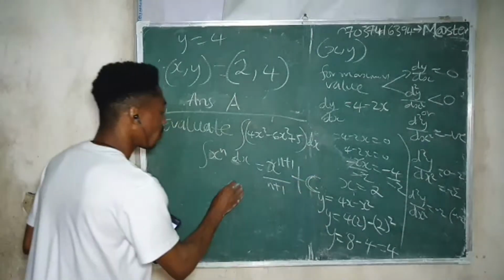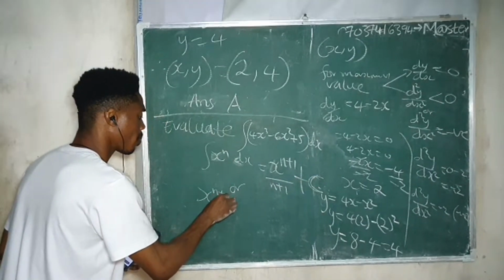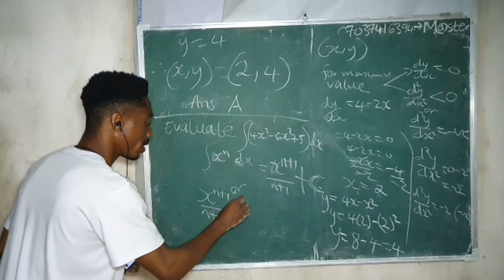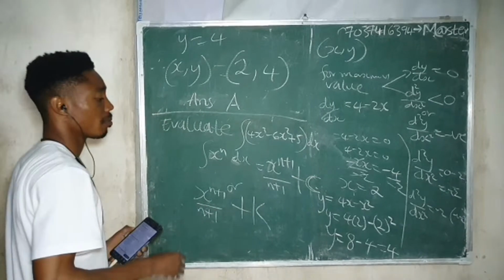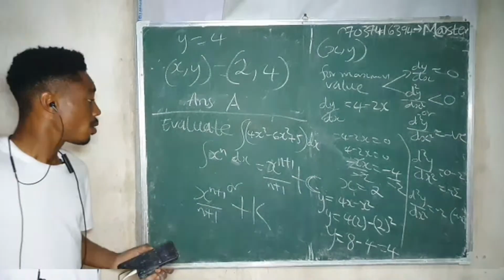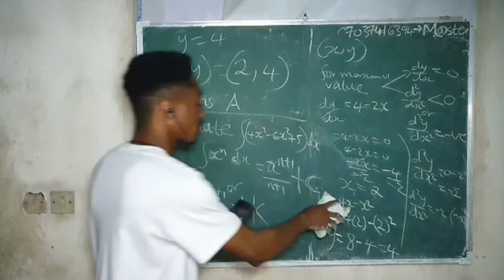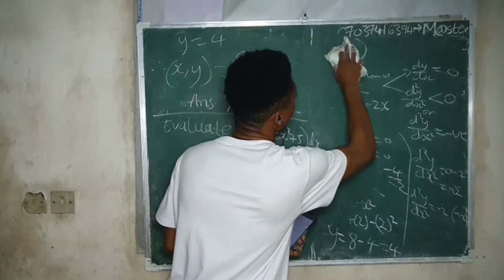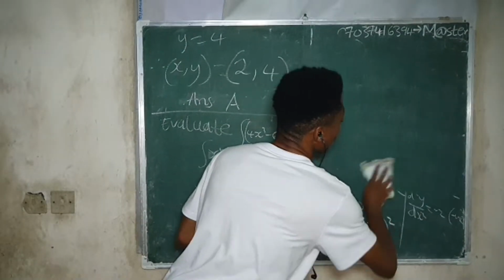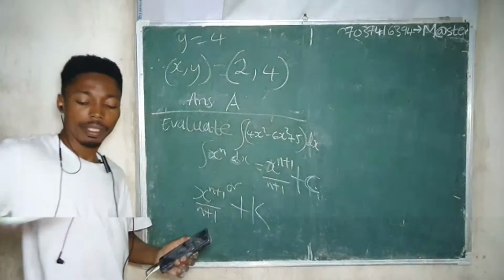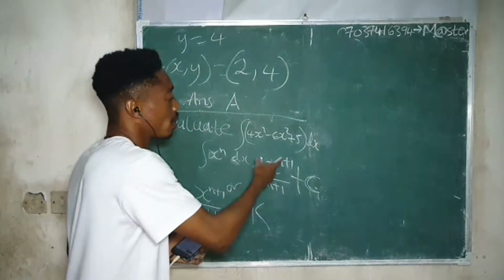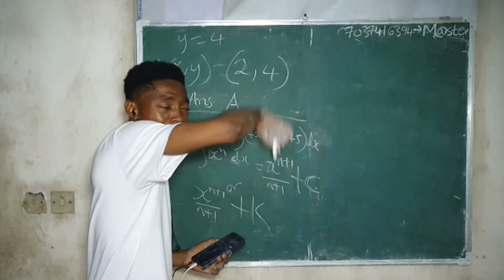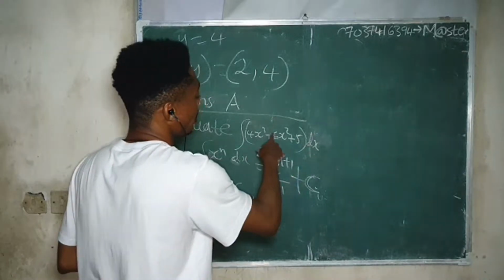Or you can say plus k. Anyhow you want to do that, that still gives you that. So in this question, it's a very cheap one. It's not a chain function, so I'll integrate it directly.